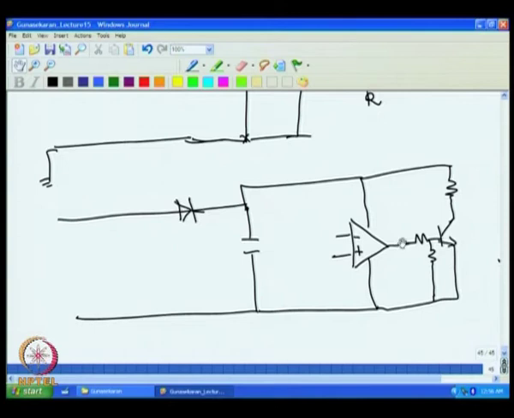That means if more voltage here, then you will find less voltage at this point. If the voltage is less here, then you will find more voltage here. So to maintain this at constant voltage, we have to configure this comparator correctly. So I can do one thing, I can connect this to output sensing. So I connect this to the output, then this I connect to the reference voltage.